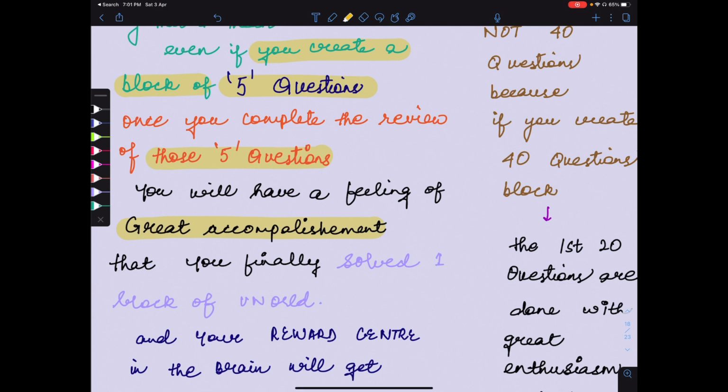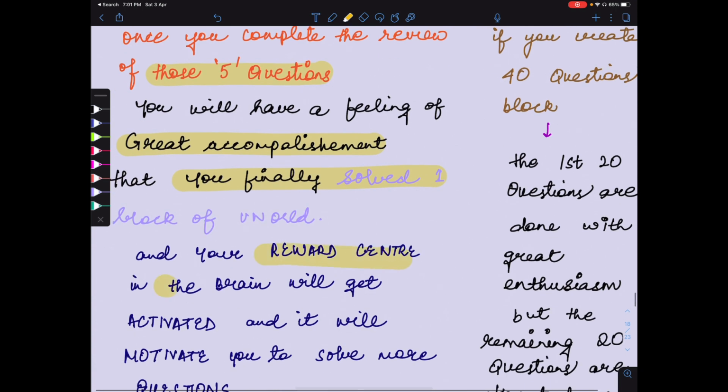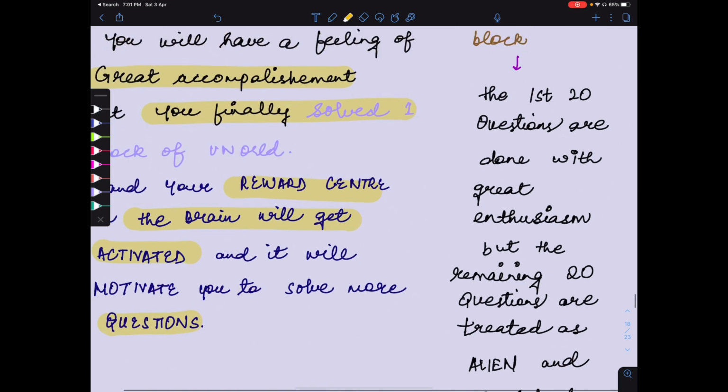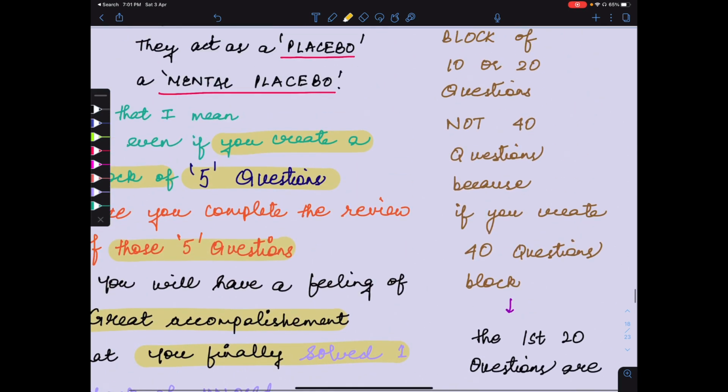That's what I told you, that the reward centers in your brain would be activated. You will get a feeling that you solved one block of UWorld even if you solved just 10 questions, right? And the reward centers in your brain will get activated, and it will motivate you to solve more and more questions. The first thing, the motivation you require, will come from here.